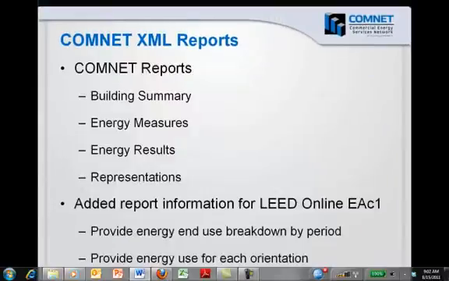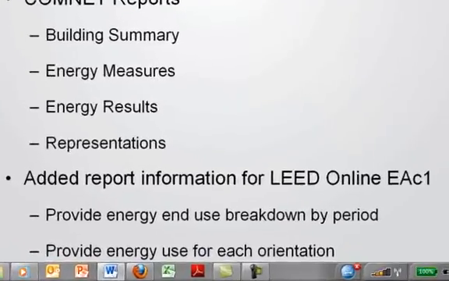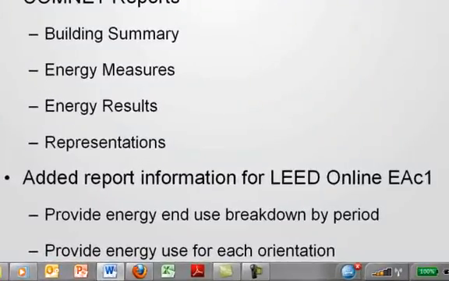Something that was done after the initial work on the COMNET Modeling Guidelines and Procedures Manual is that we added information in the schema to make it compatible with the requirements for LEED Online for the EA Credit 1 as well as the prerequisite.